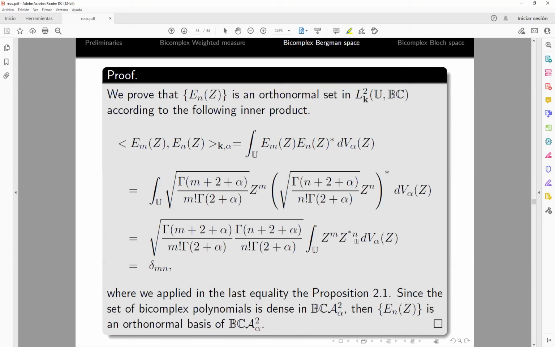But in fact, this was calculated in a result at the beginning, and this is the Dirac delta, delta_mn. And since the complex polynomials are a dense set in the Bergman space A2, then this is an orthonormal basis of this whole space.